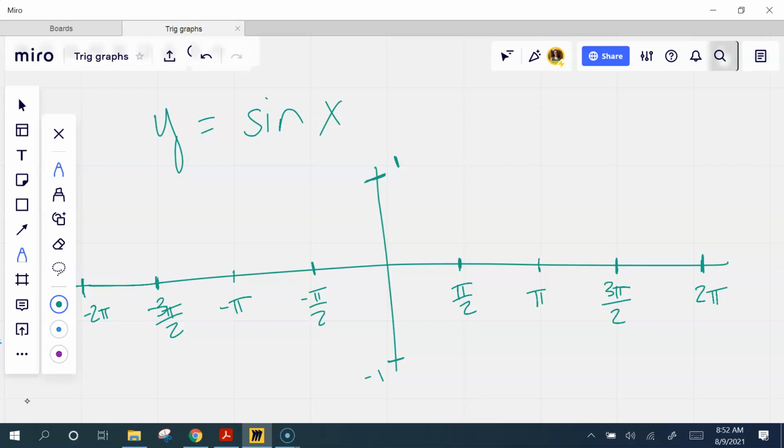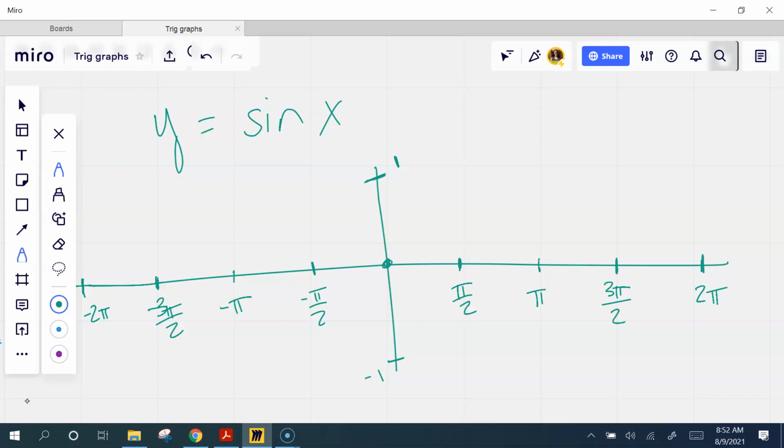All right, let's start by finding some values. I'm thinking table of values in my head here, plugging in x values and finding what y is to go with it. At 0, what is the sine of 0? Look at your unit circle. At 0, what is the y value? 0, because sine is y, right?